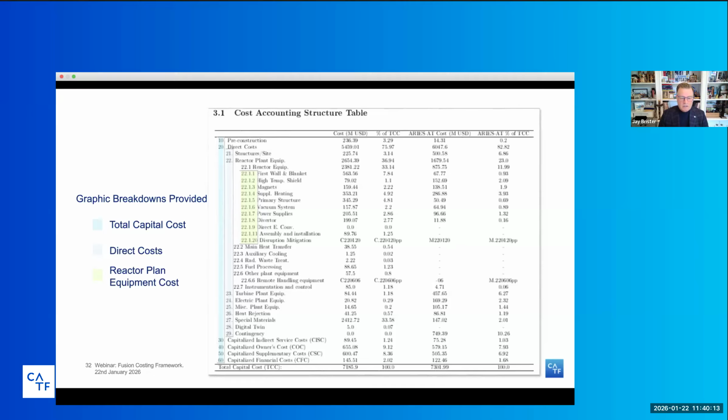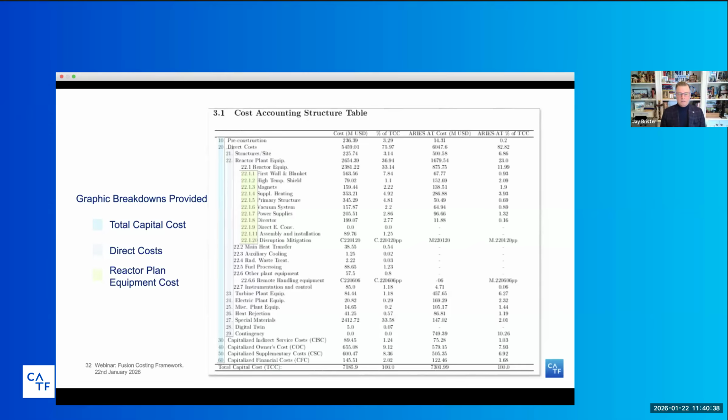And then within direct costs, really beginning to see at a component level, system level, which of those are major drivers for your costing as well. So what we've done, in addition to just the tabular output of the data, we've taken these three broader categories: total capital cost, direct cost, and reactor plant equipment cost.